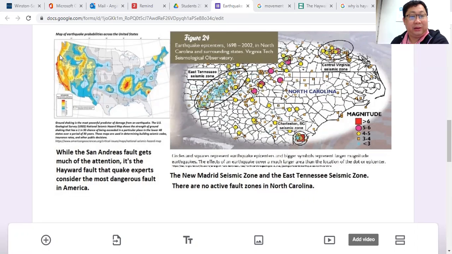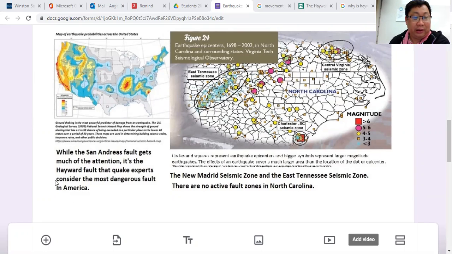The North American plate is moving southward, while the Pacific plate, to the left of this red line here, is moving northward. So the two are scratching each other, building stress. And when the stress becomes too much, it releases all the pressure and the earthquake happens.